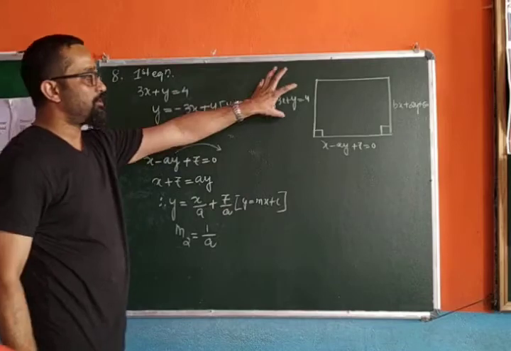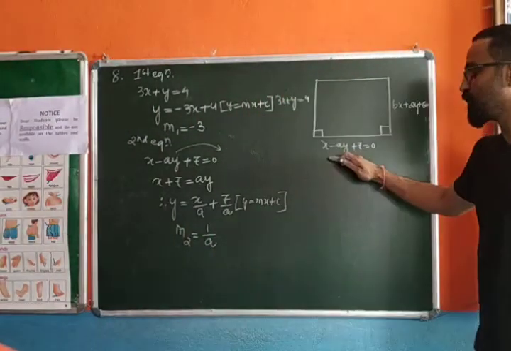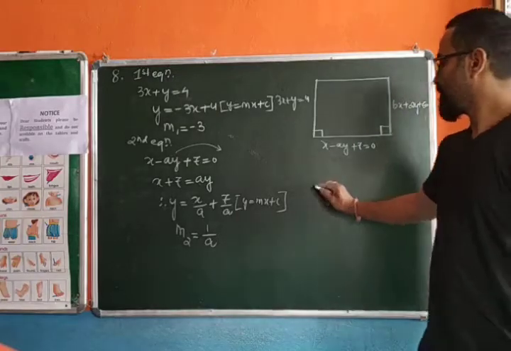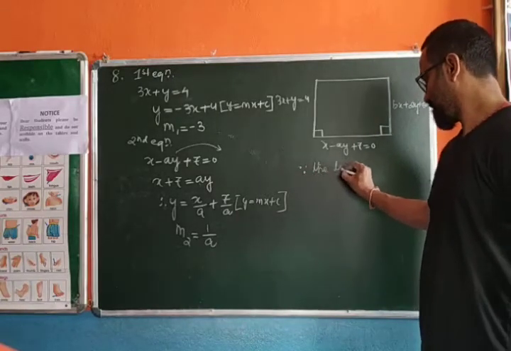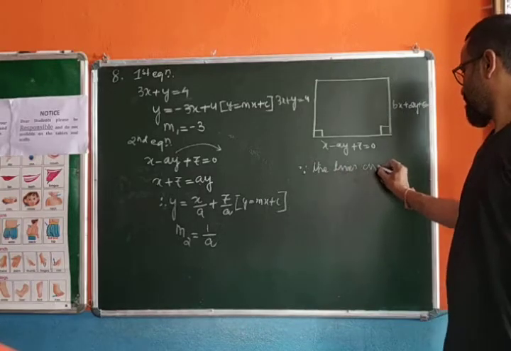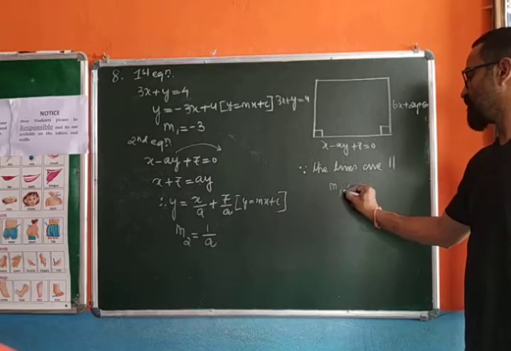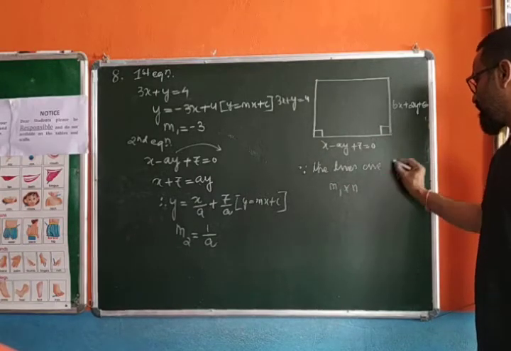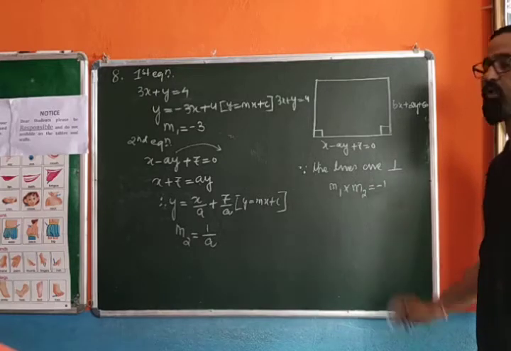And if you look at the figure here, the first line is perpendicular to the second line. So since the lines are perpendicular, m1 multiplied by m2 is minus 1.